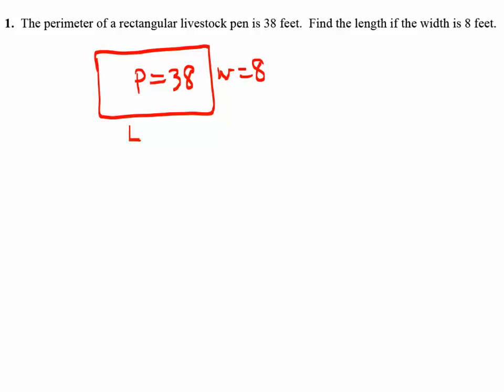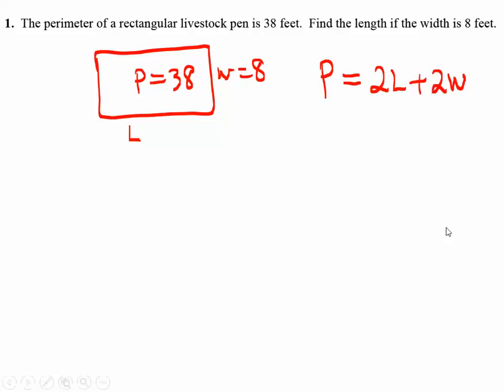Okay, once we've got all the information out from our word problem, now we find the formula that we need. From geometry, from the previous slide, P is equal to 2L plus 2W. Now let's plug in whatever we know. We know P is 38.